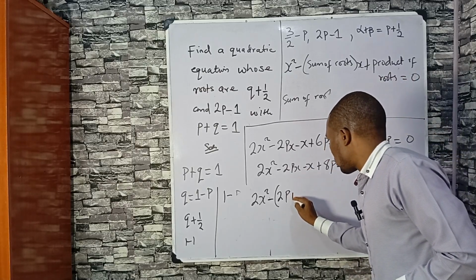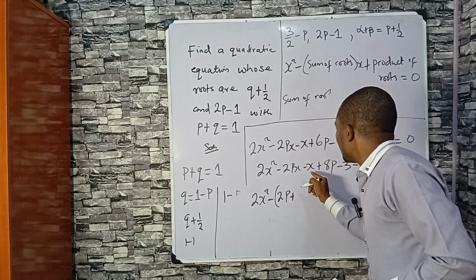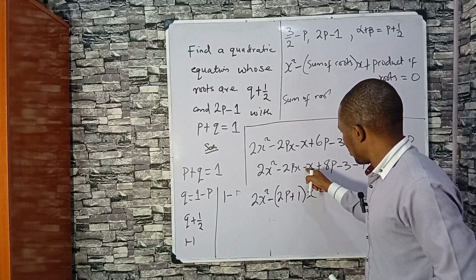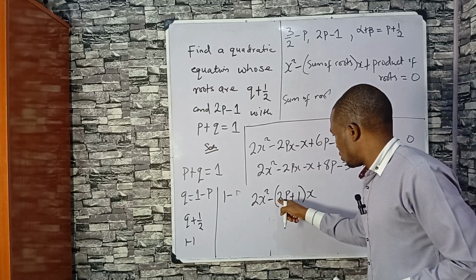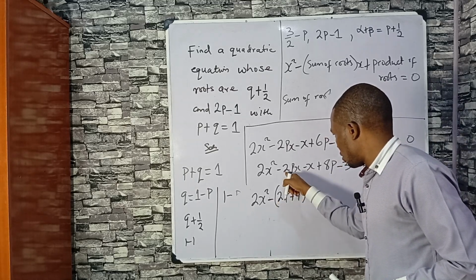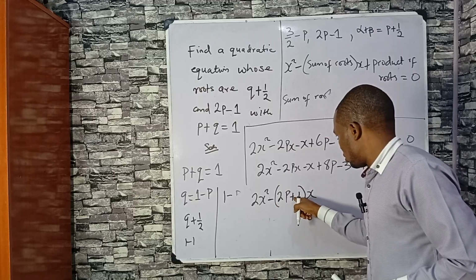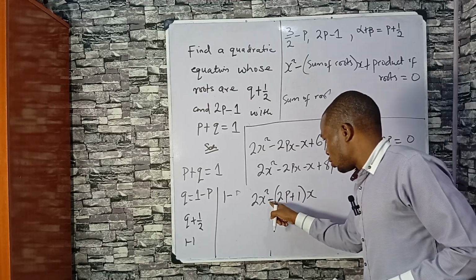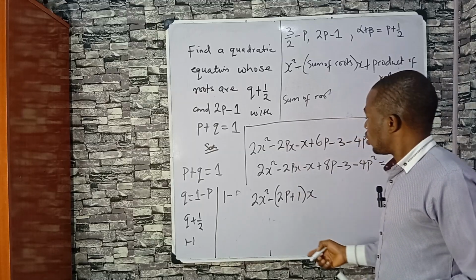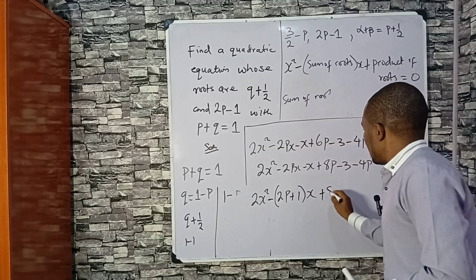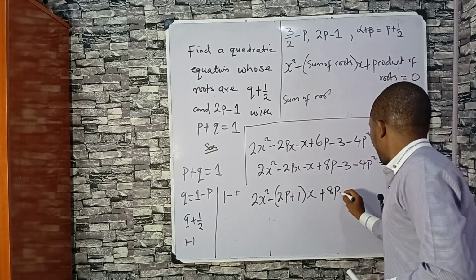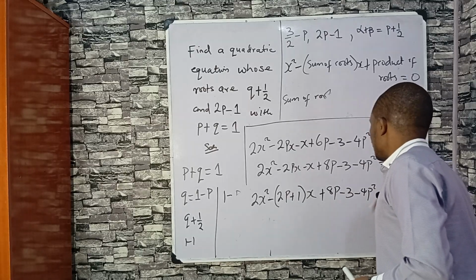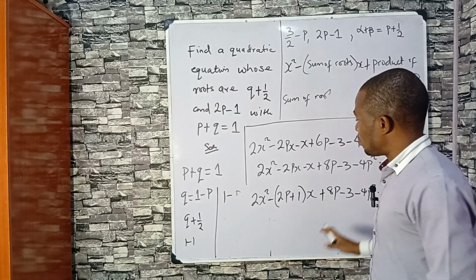Let me do that again, because here is minus, and minus times 2p will give you minus 2p. This times this still gives you minus. If you write this place minus, when you multiply again, this will turn to plus, and that's wrong. So plus 8p minus 3 minus 4p squared. This is the answer expressed in terms of p.